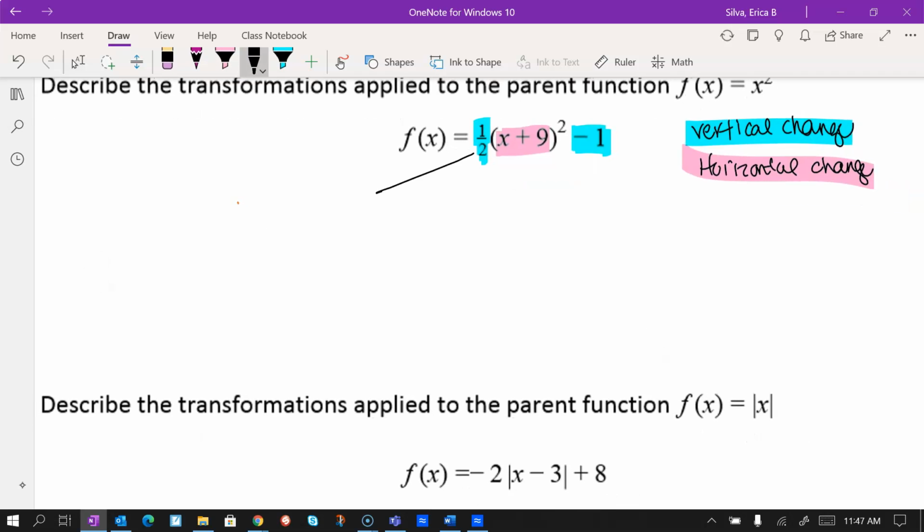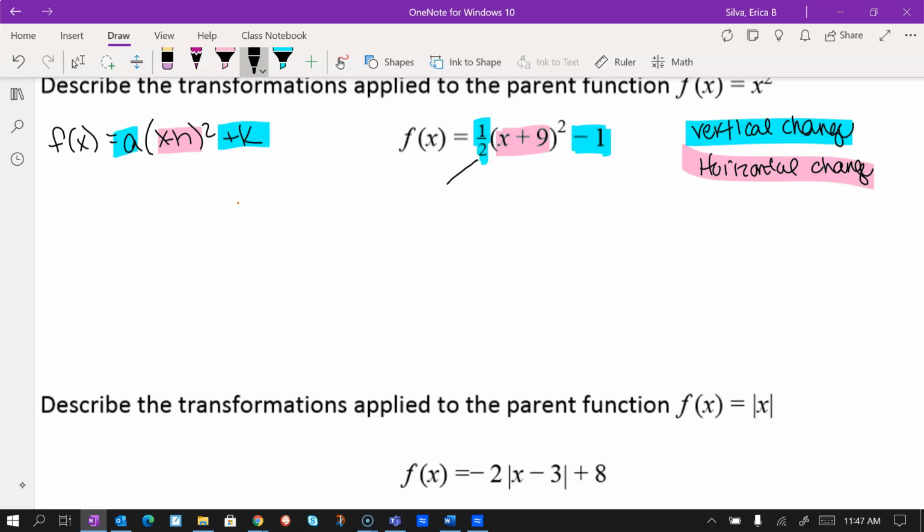So for that 1/2, that's going to be your a value, and we also want to look at a times x minus h squared plus k. And these are vertical, and this is horizontal.